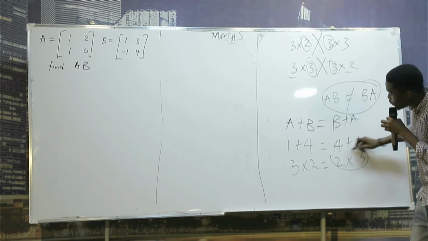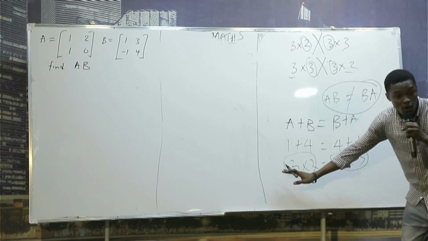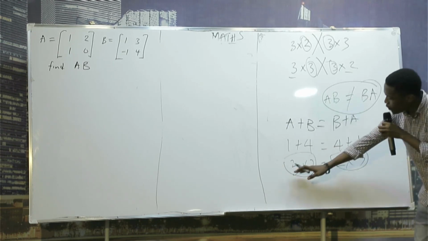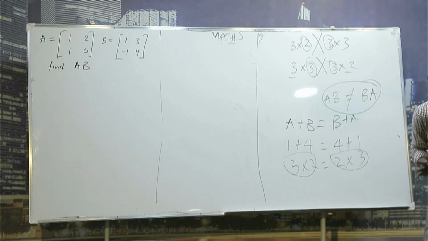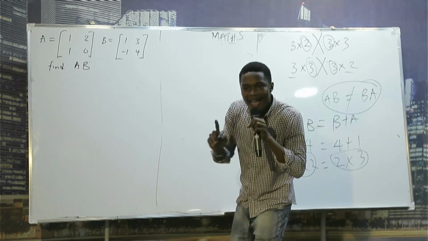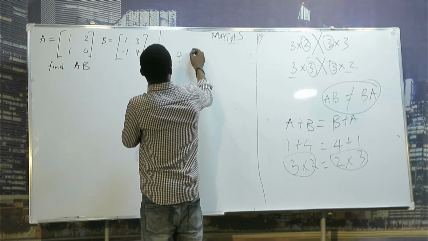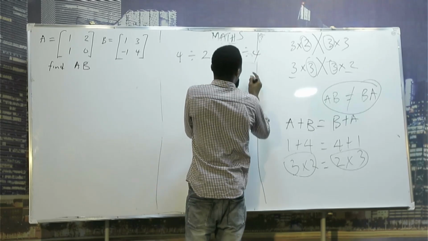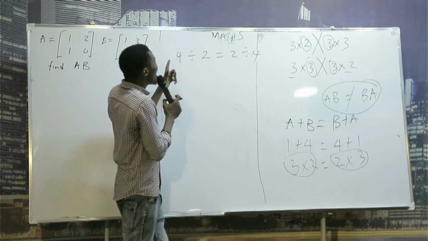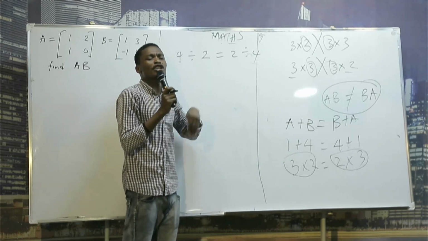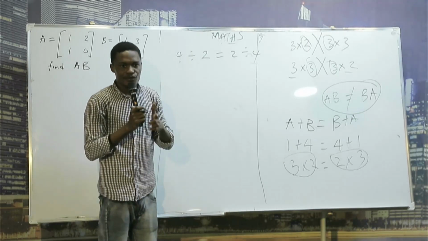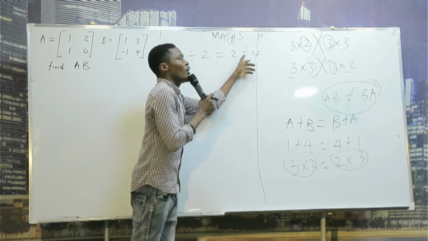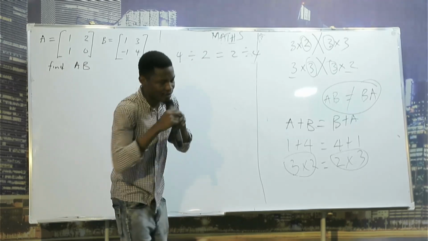So when you are multiplying numbers, the order of multiplication does not matter. When you are dividing numbers, let's say 4 divided by 2, is it the same thing as 2 divided by 4? No. So when you are dividing numbers, order of operation matters. That means that division of numbers is not commutative.